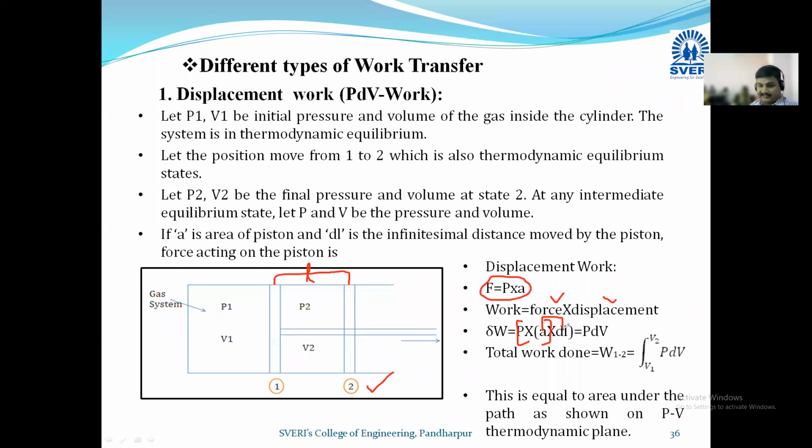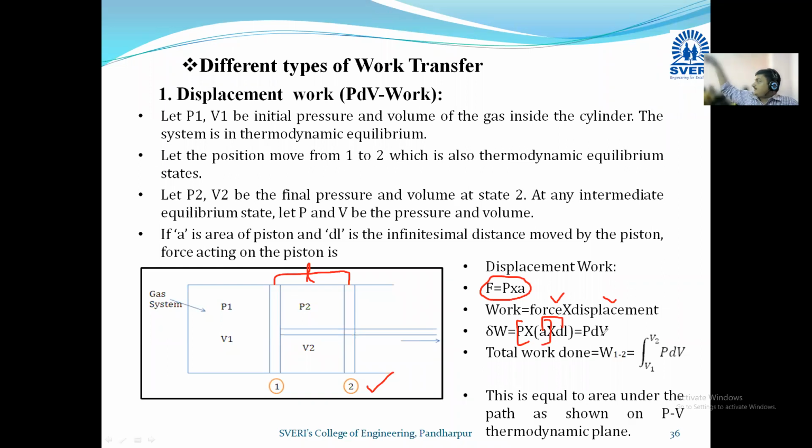Volume. Absolutely correct. So that is A into dL. dL means a small part of the displacement. Small displacement multiplied by area is nothing but the small volume, that is dV. So delta W is nothing but PdV.